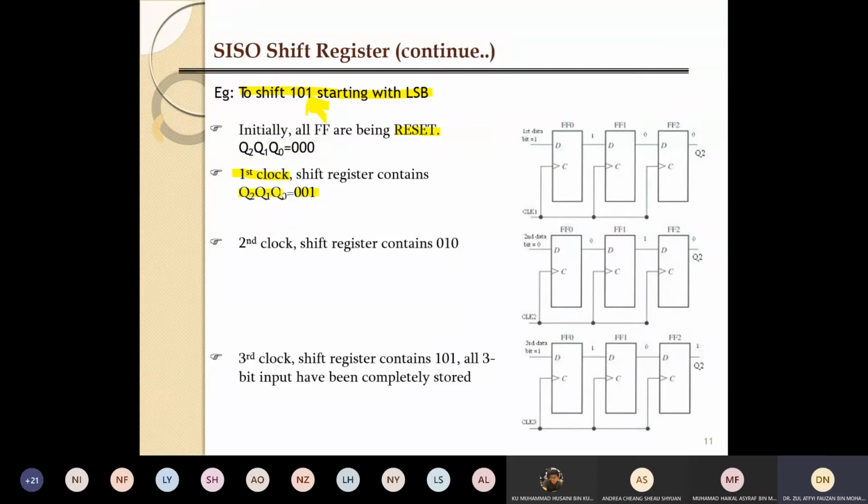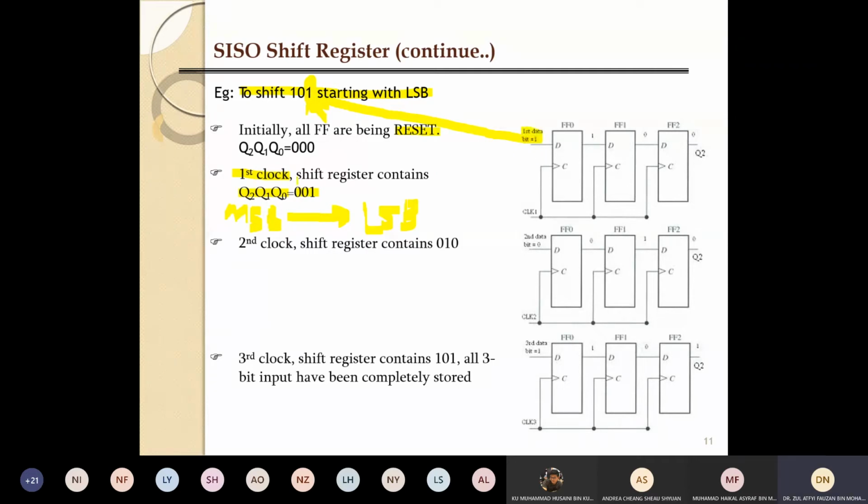This is how we write the data: we start with MSB on the leftmost, which is Q2, and go until LSB. This one is for our writing. But in the shift register, we start with LSB data input, so this data 1 will be here.